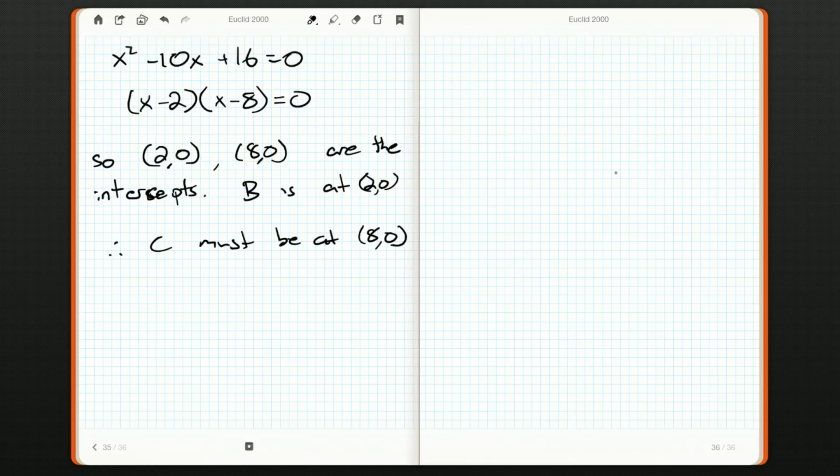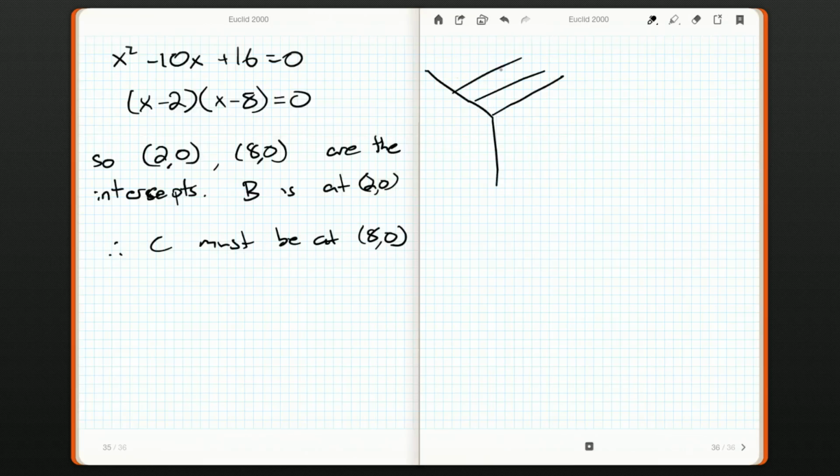My solution is going to involve drawing 2 pictures. I'm going to draw a cube, and I'm going to be looking at the corner head on. So we have 1, 2, 3, 4 in this picture.